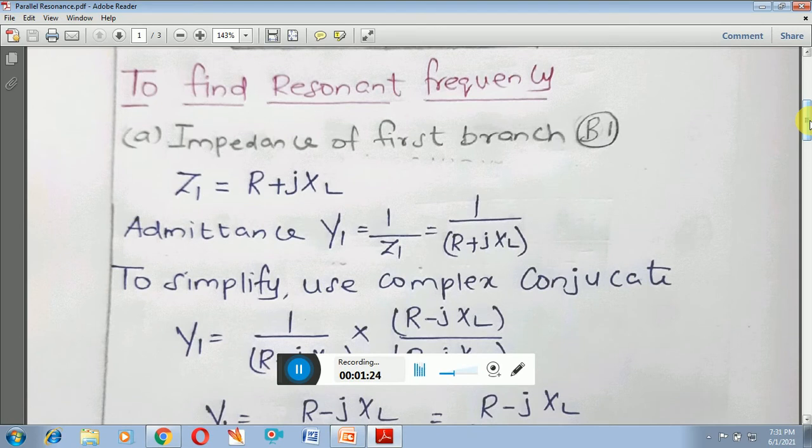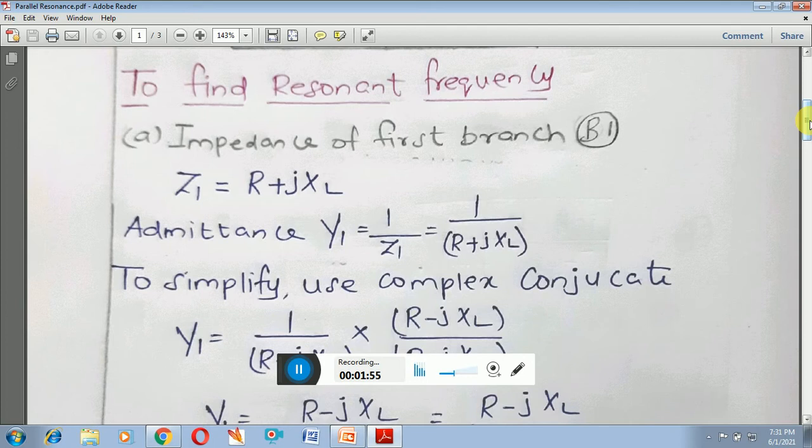The case number 1 is to find out the impedance of the first branch, that is B1. You may see that branch 1 has two components, the resistance R and inductance L, so the impedance of branch 1, Z1, can be written as R plus j XL.